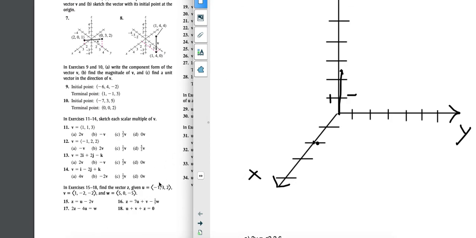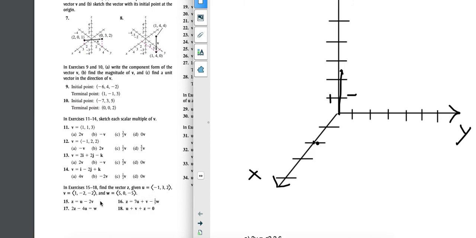So negative 1 minus 2 would be negative 3. 3 minus a negative 4, so plus 4. 3 plus 4 is 7. And then 2 minus, again, a negative 4, so plus 4 would be 6.